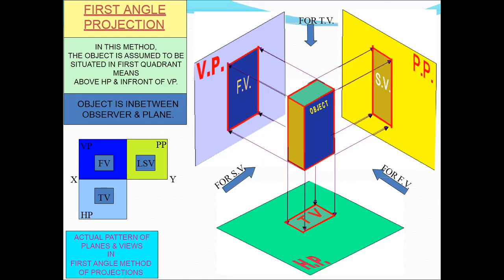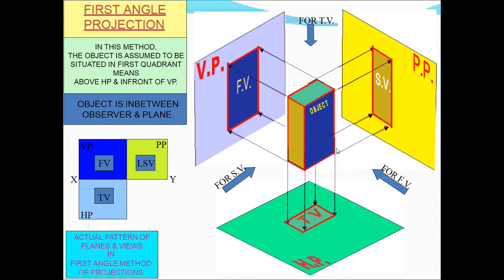Now make a clear note of where to draw your front view and top view. As I told you previously, the object will be placed between the observer and any one of the planes. Consider this object as your eraser. I place the object here and see from the blue arrow mark.